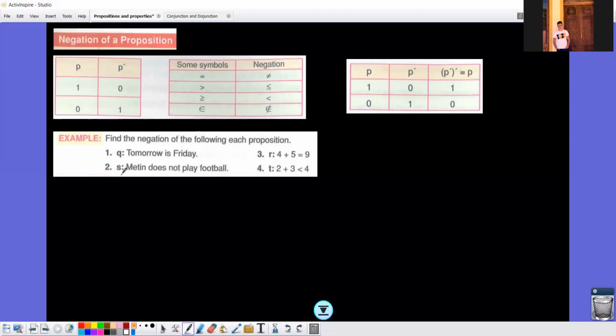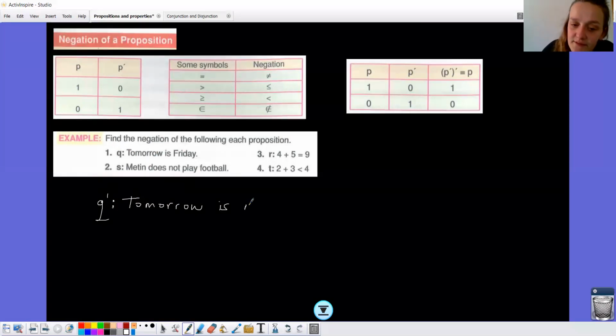So here in the example, find the negation of each of the following prepositions. Tomorrow is Friday. The negation is: tomorrow isn't Friday.